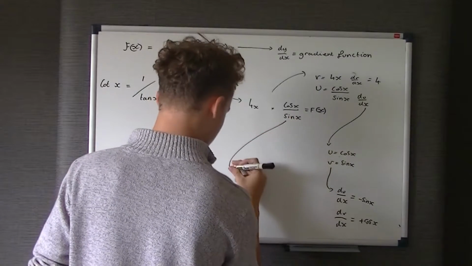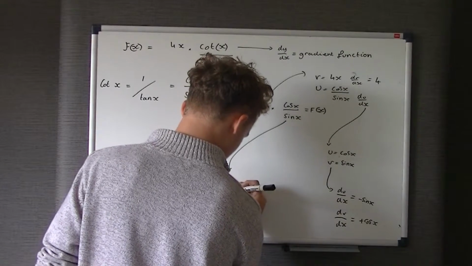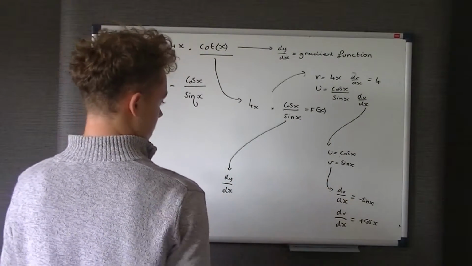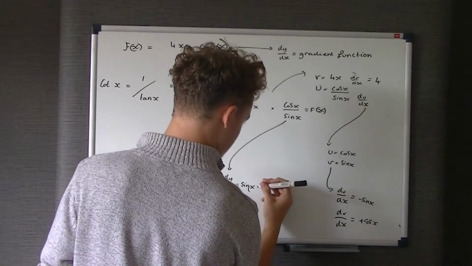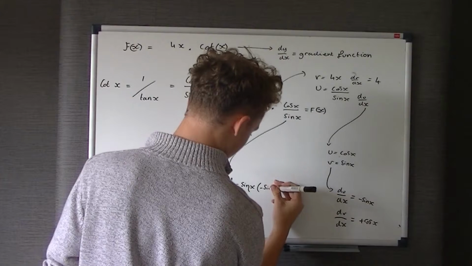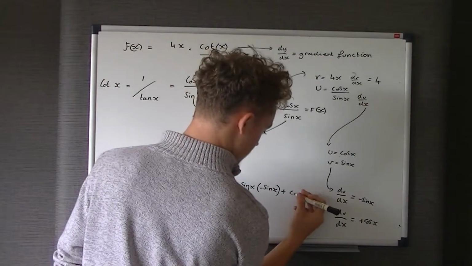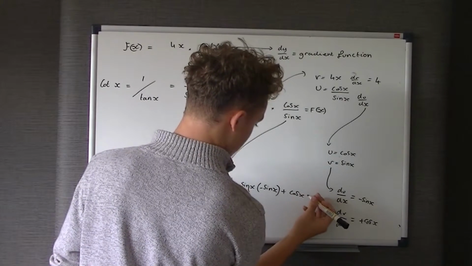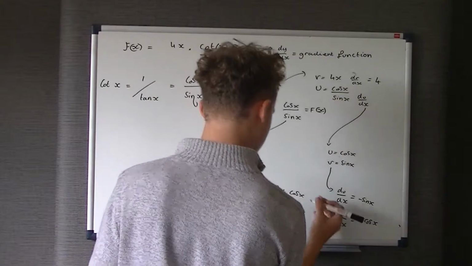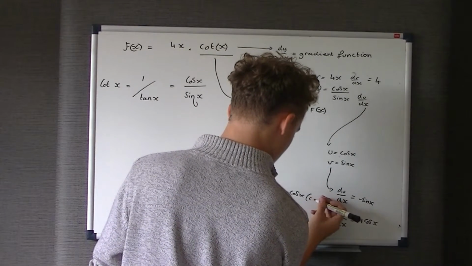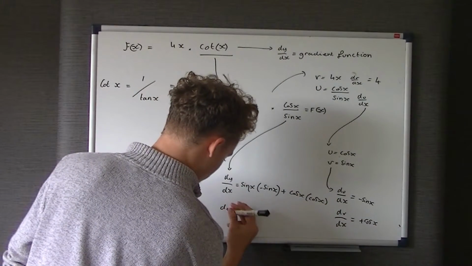So to differentiate cos x over sin x, dy by dx, we do the same thing. We've got u and v here, so we do sin x times the differential of cos x, which is minus sin x, plus cos x times the differential of sin x, which is positive cos x, and we can simplify that down.